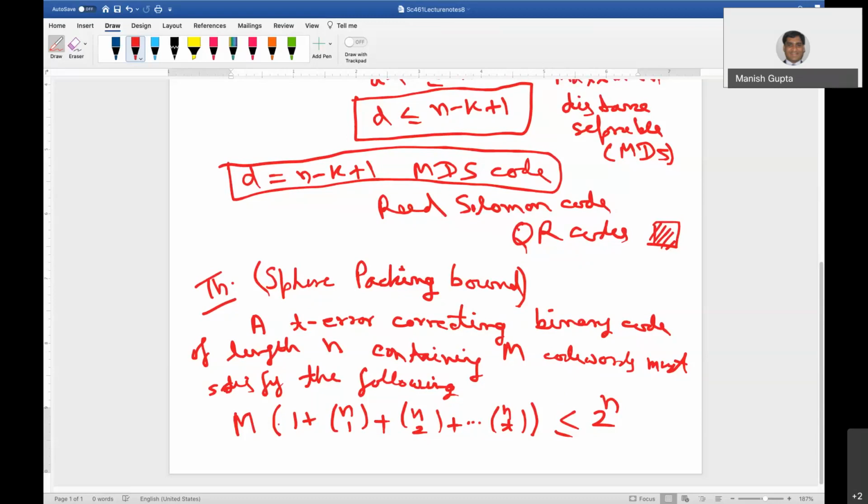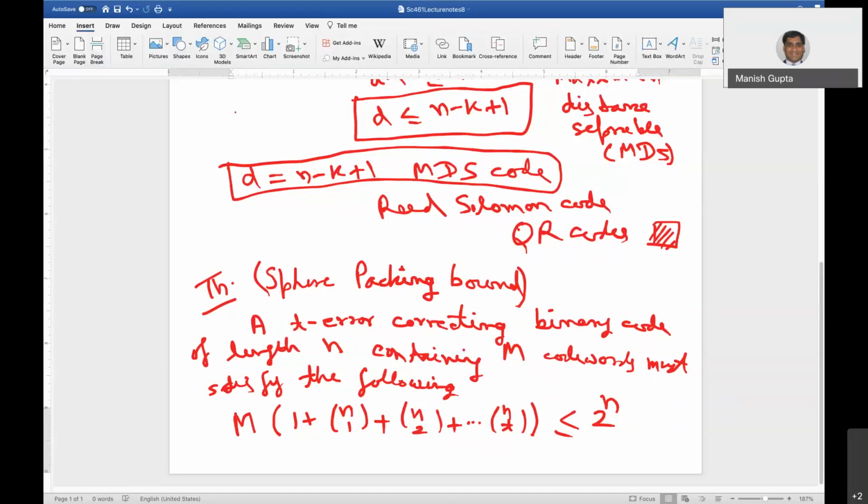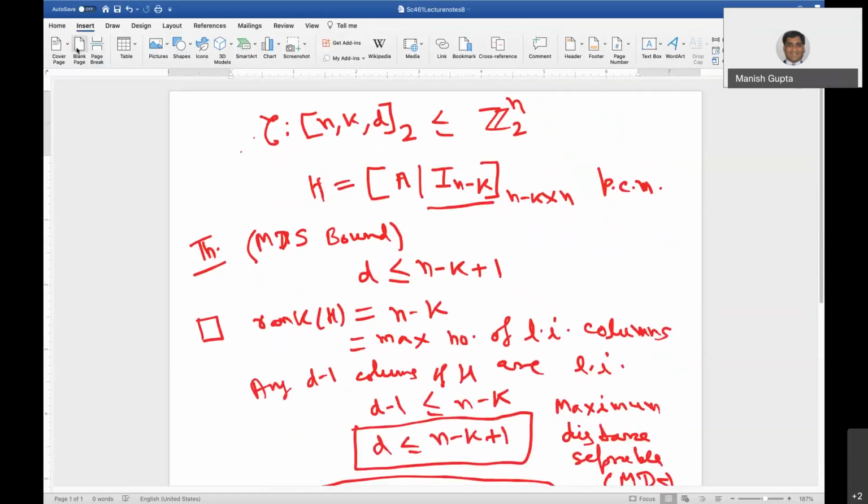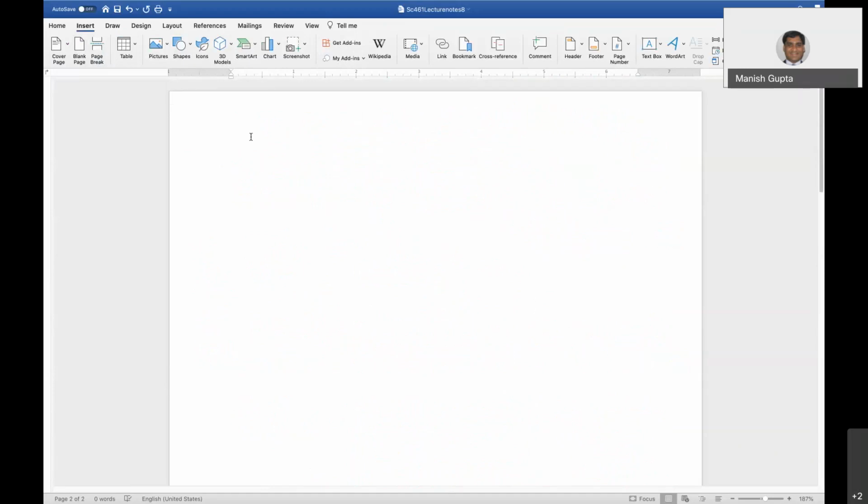Now, on each code word, if I draw a sphere of certain radius, how many vectors will it have?